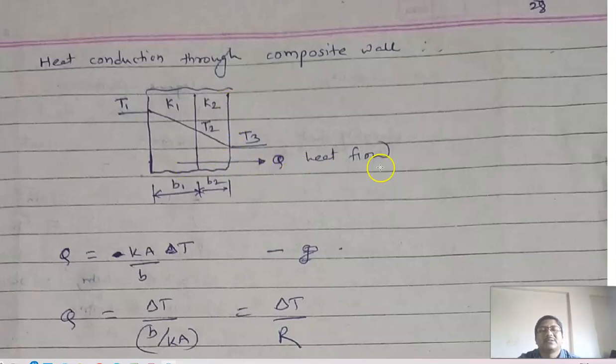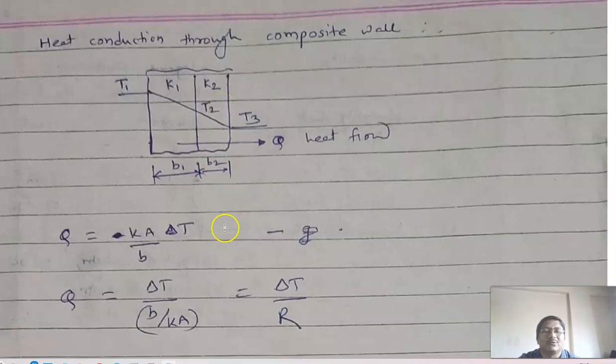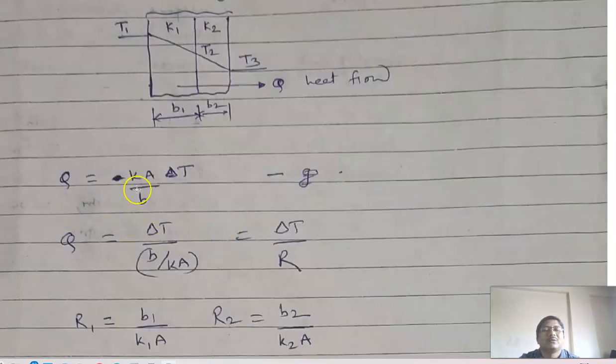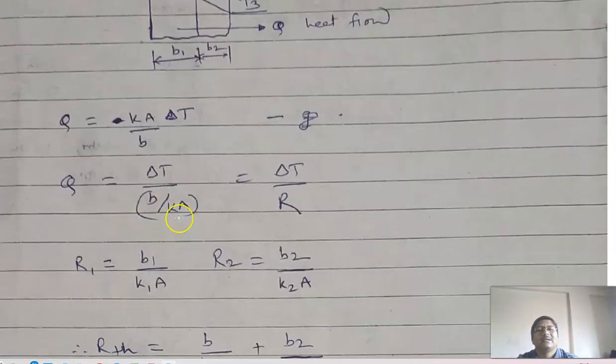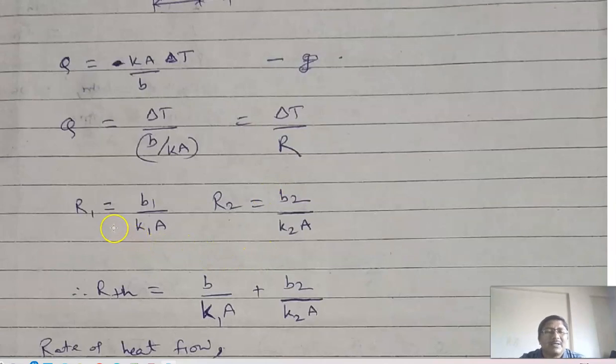The rate of heat flow is the same, constant. The thickness of slab 1 or wall 1 is B1, and the thickness of wall 2 is B2. So Q equals the normal formula Ka delta T upon B, Q equals delta T upon (B by Ka), delta T upon R. Now the thermal resistance for slab 1 is B1 upon K1A, and for slab 2 it is B2 upon K2A.